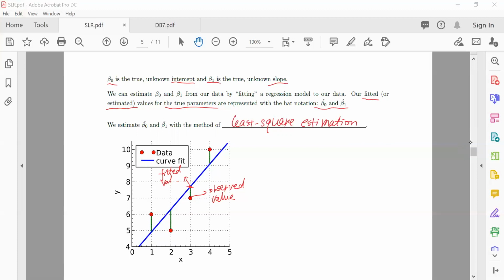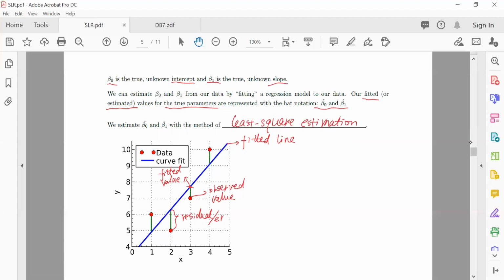So the value on this line is called the fitted value. The difference between the fitted value on the line and the actual observed data is called residues or errors.